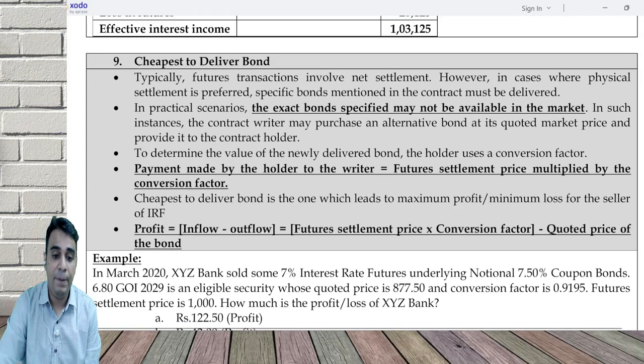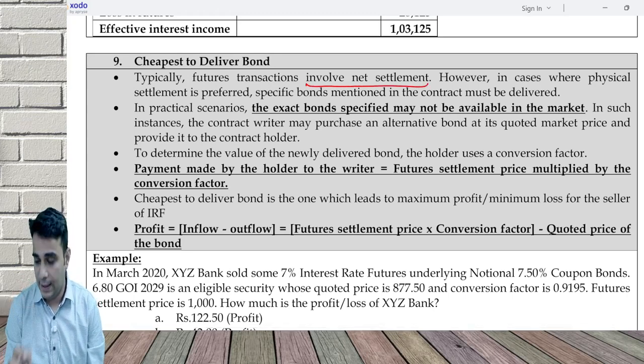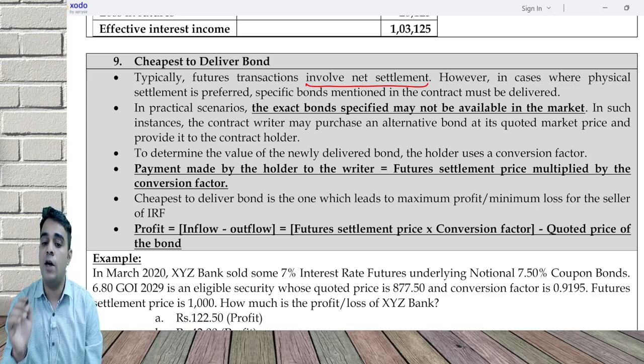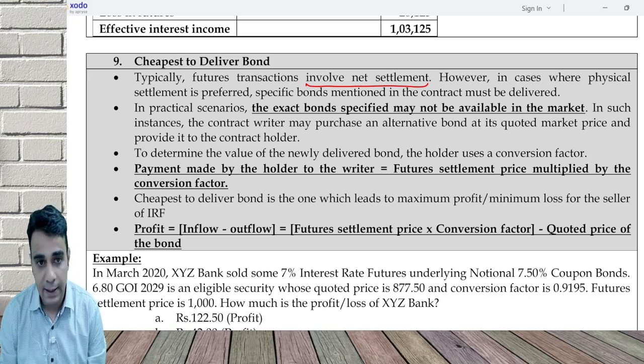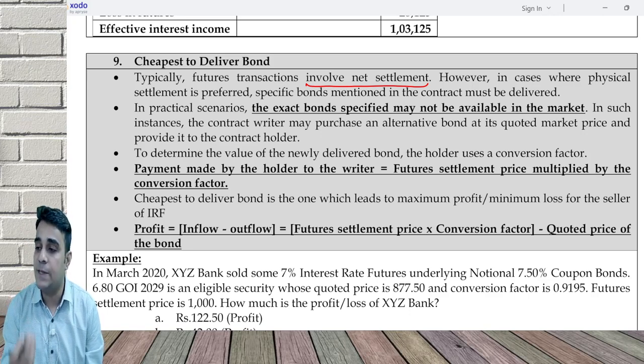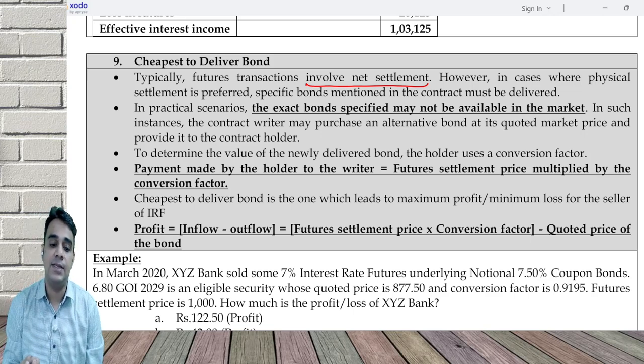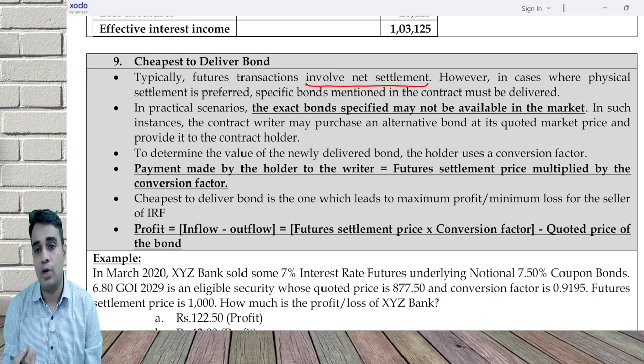So listen, typically futures transactions involve net settlement. However, in cases where physical settlement is preferred, specific bonds mentioned in the contract must be delivered. In a practical scenario, the exact bonds specified may not be available in the market. In such an instance, the contract writer, who is the writer? He sold the option, so he has to now give this.